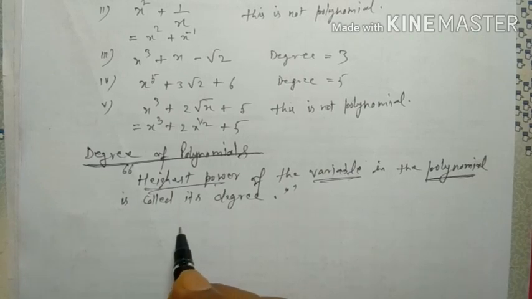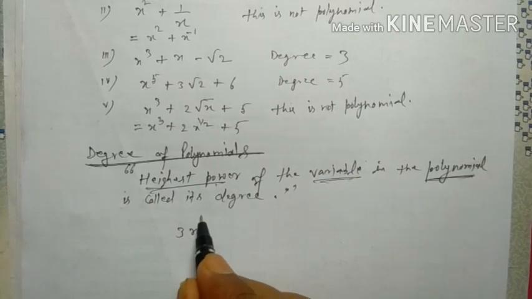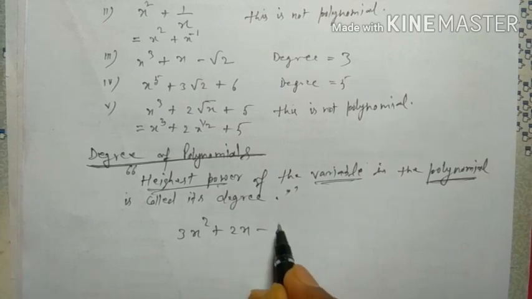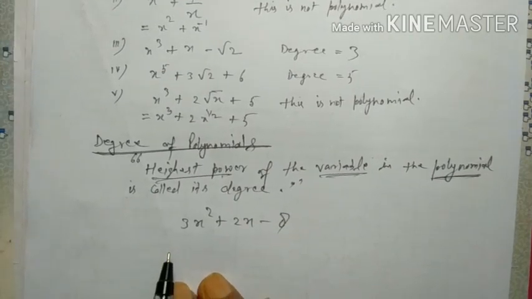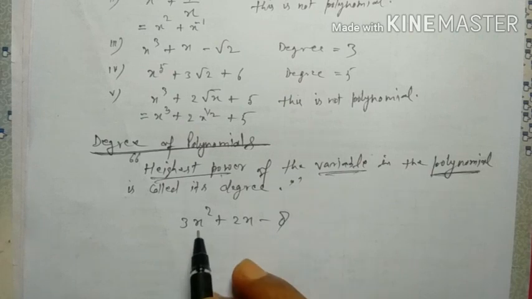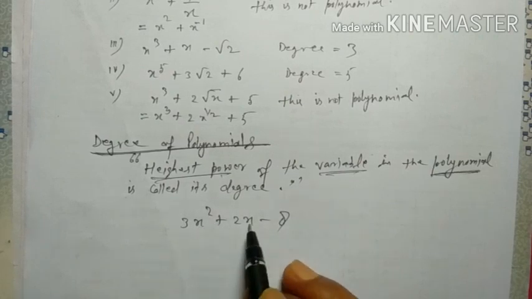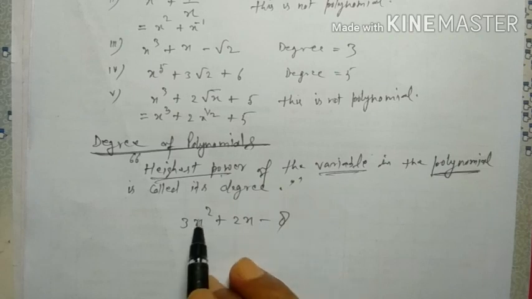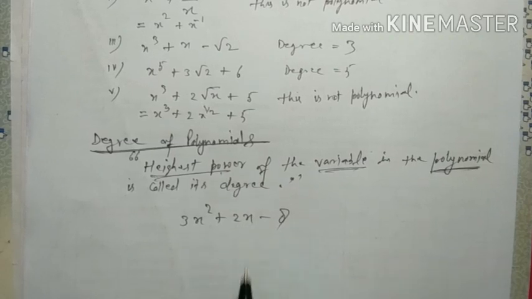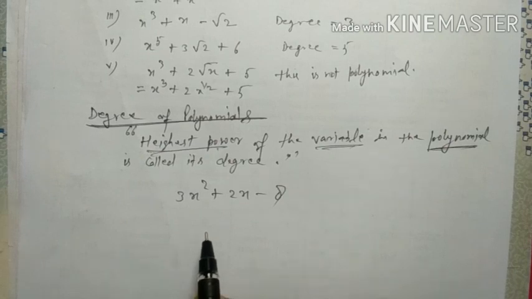Let's take an example, 3x squared plus 2x minus 8. This is a polynomial because the power of the variable is here 2 and the power of this x is 1. These are non-negative integers, so this is a polynomial.